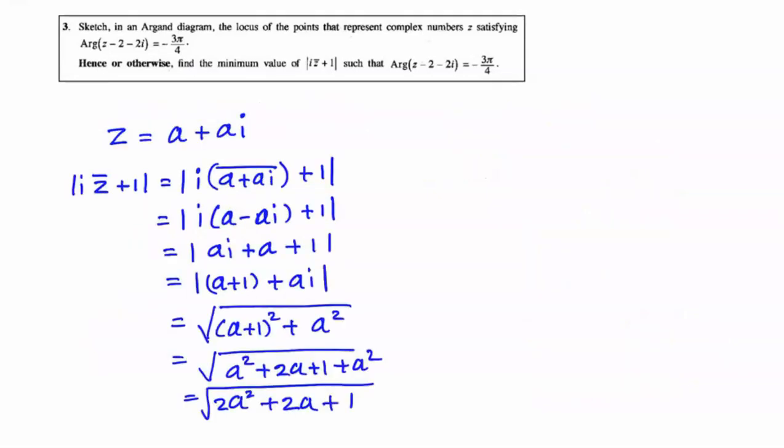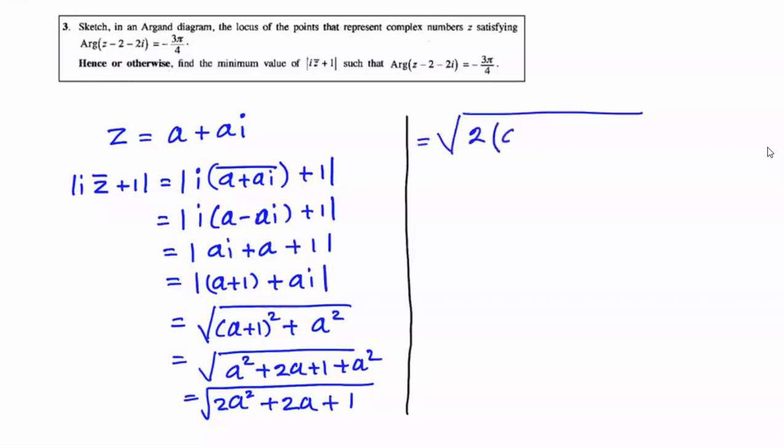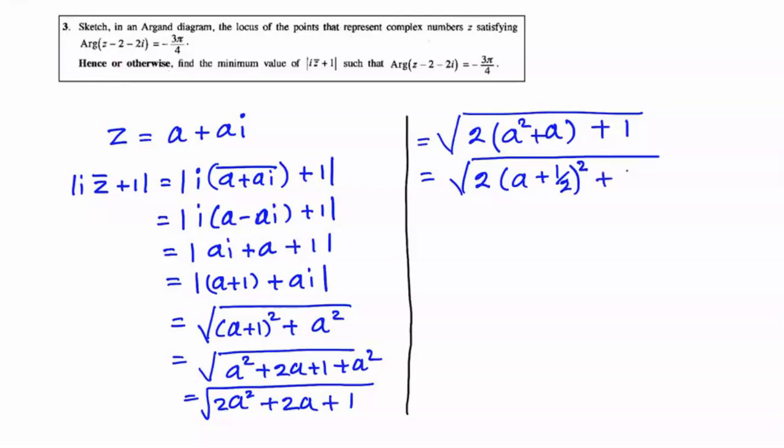Now to proceed from here, we want to complete the square inside the square root, which turns out to be, if I continue it up here, pulling out that 2, it's going to leave a squared plus a from the first two terms. Because we are just completing the square, we just need the first two terms in order to do so. And then 2 times, in here you can write a plus 1/2 squared. There's this plus 1 out here.